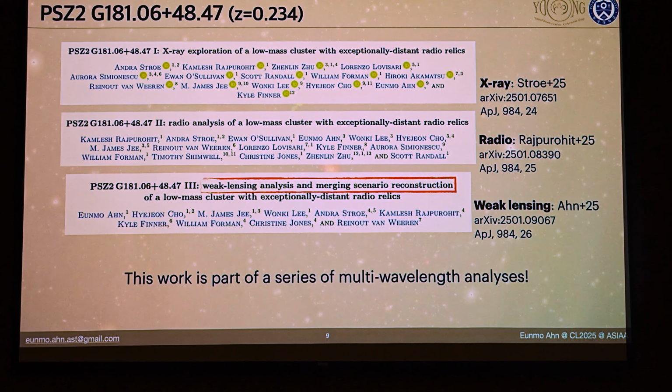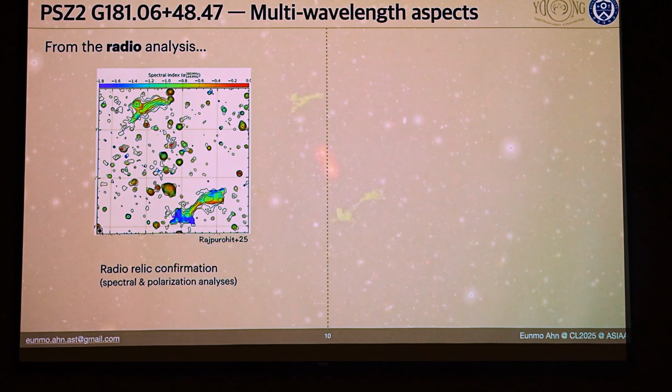So to understand this cluster merger as a whole, we initiated a multi-wavelength project of this cluster, including X-ray, radio, and weak lensing analysis, and all of those works were published in ApJ early this year. From the radio analysis, those two diffuse radio sources are confirmed as radio relics based on spectral and polarization analysis.